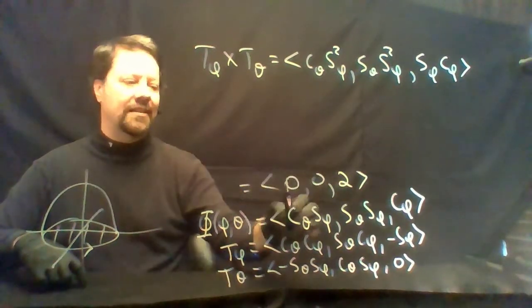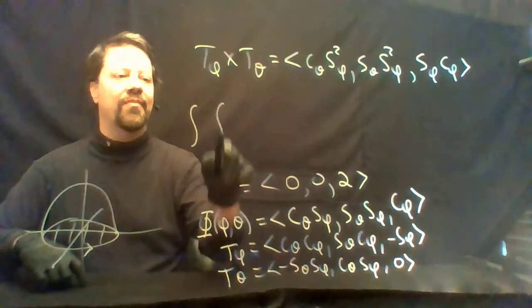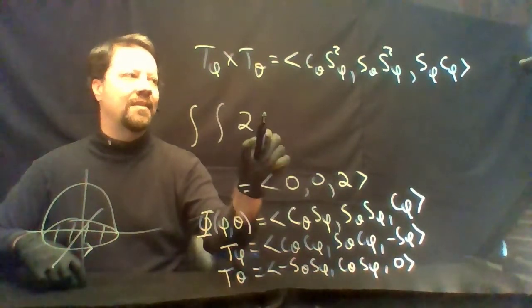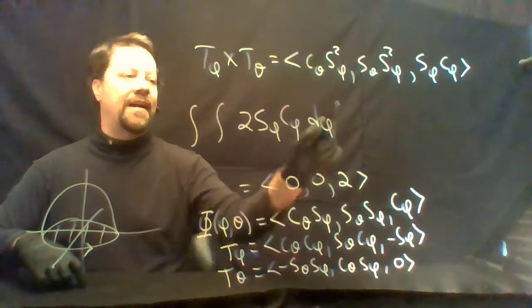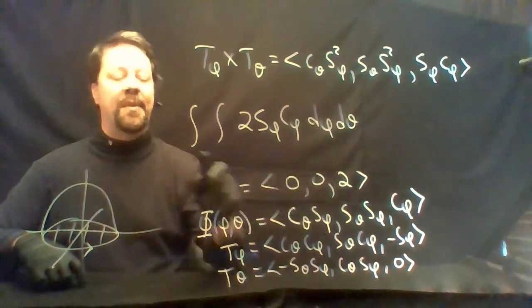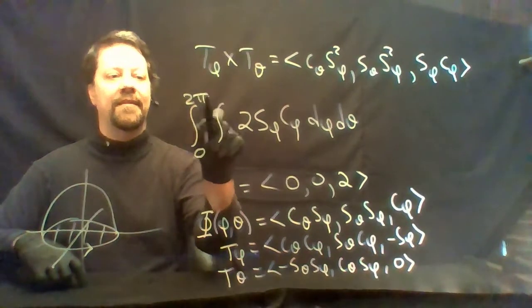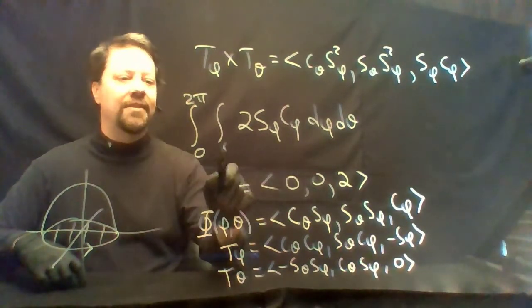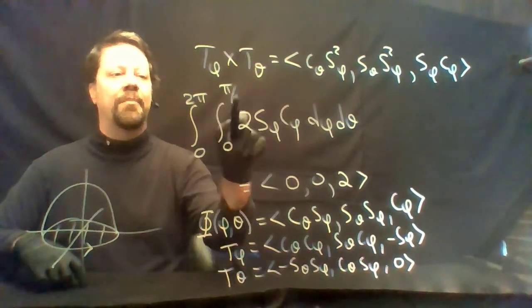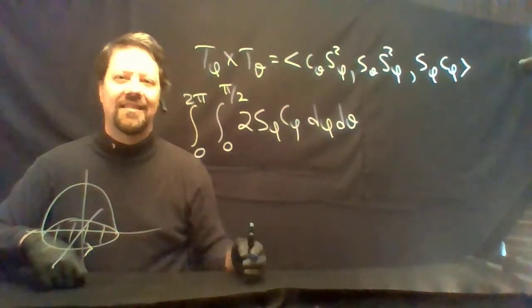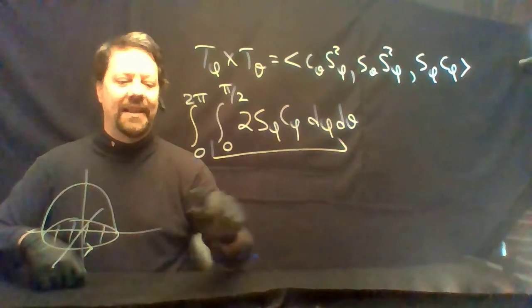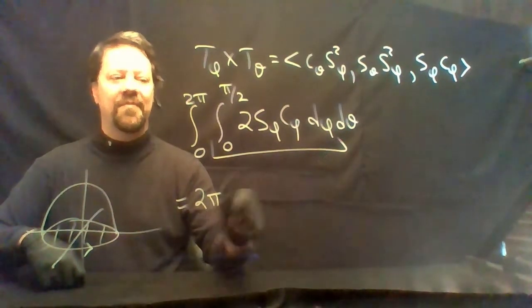Taking the dot product with 0, 0, 2, we'll have twice sine phi cosine phi, d phi d theta. Remember, theta goes from 0 to 2 pi, and phi goes from 0 to pi over 2. Be careful about that. We get 2 pi free.